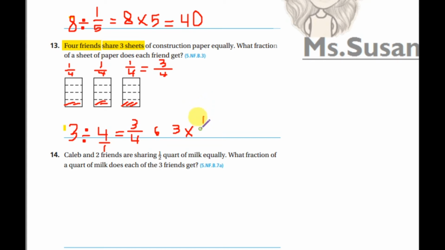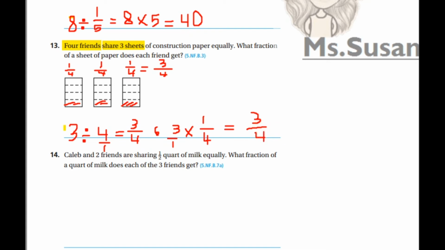It will be 1 over 4. So it equals 3 times 1. We multiply numerator with numerator, denominator with denominator. 3 times 1 will be 3, and 4 times 1 will be 4. So all the three methods will give me the same answer, which is 3/4.